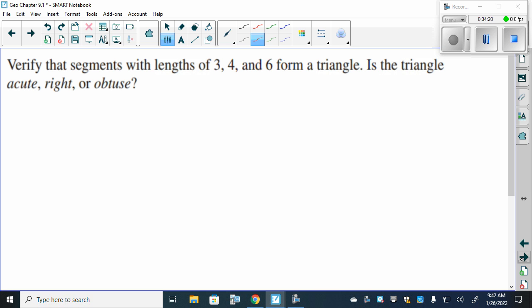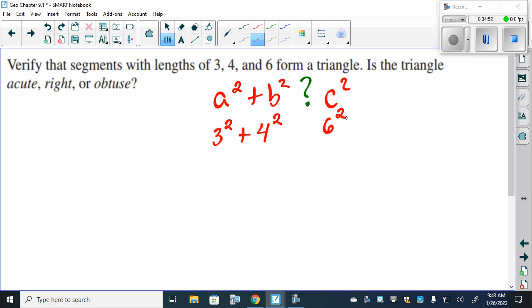Now, to figure out whether it's acute, right, or obtuse, we're going back to a squared plus b squared and c squared, and we need to figure out how these relate. Is a squared plus b squared going to be greater than c squared, less than c squared, or equal to c squared? Well, the values of a and b are 3 and 4. 3 squared plus 4 squared, and c is 6 squared.